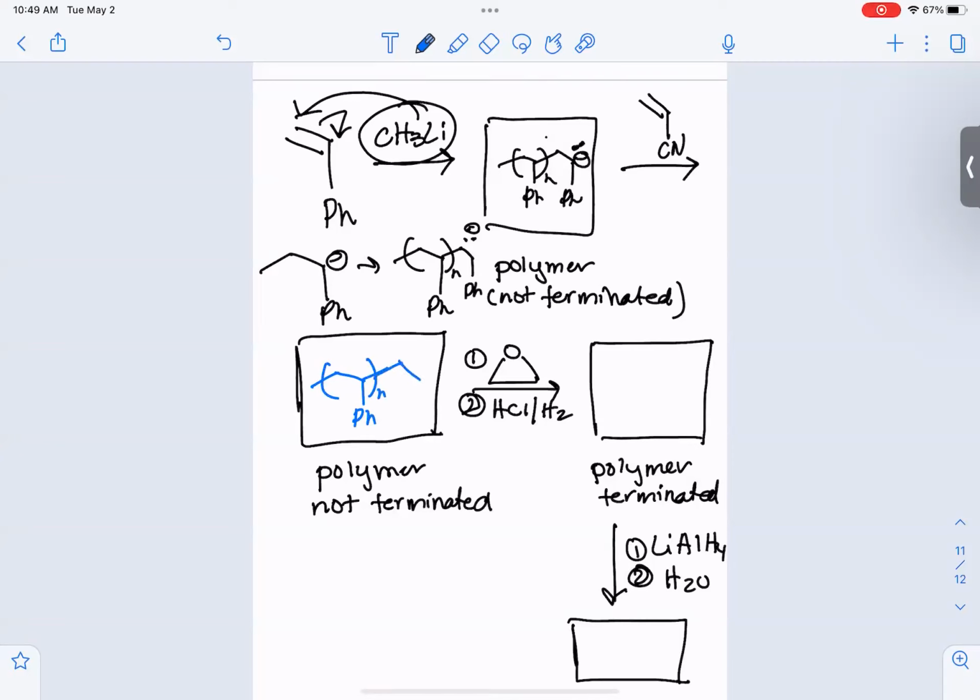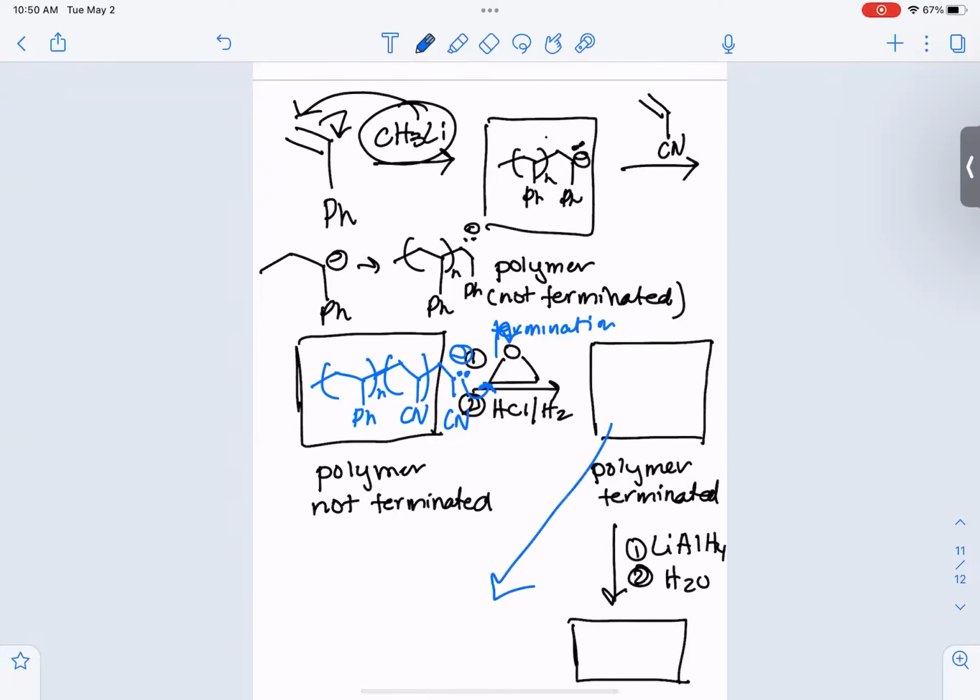And then we're going to have another monomer repeating, and a new end group. When you add the epoxide, this is a termination step. This carbanion is a nucleophile. It's going to attack the epoxide and open up the ring.